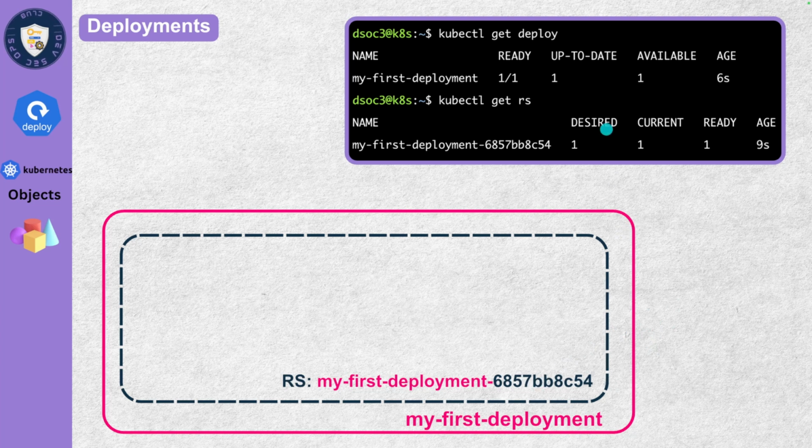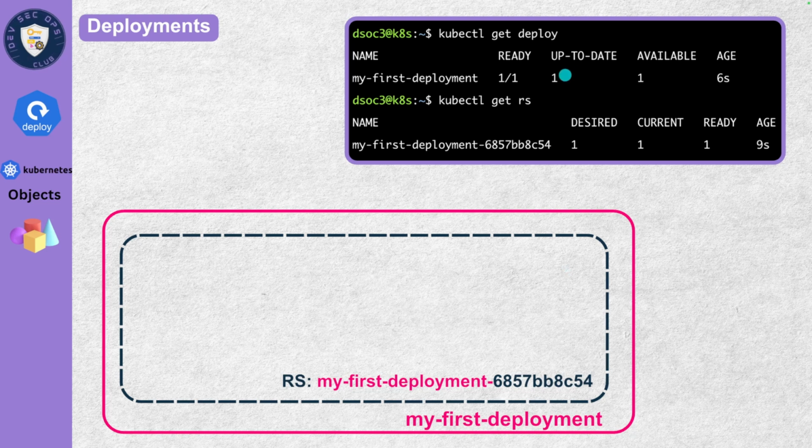When I create a deployment, it will automatically create a replica set for you. You really don't care about the replica set when you create a deployment. Deployment is again a higher level object in Kubernetes.